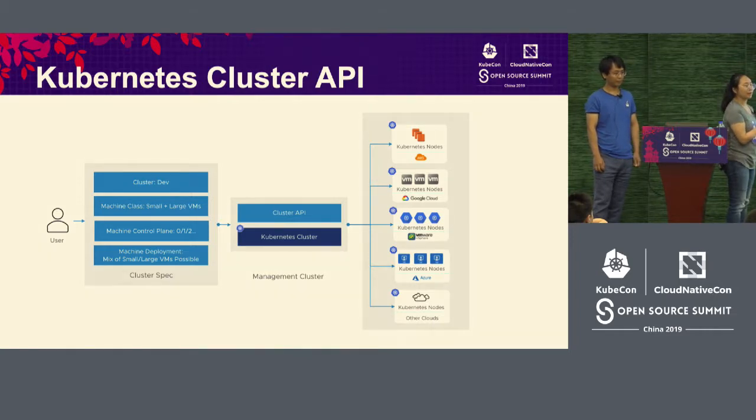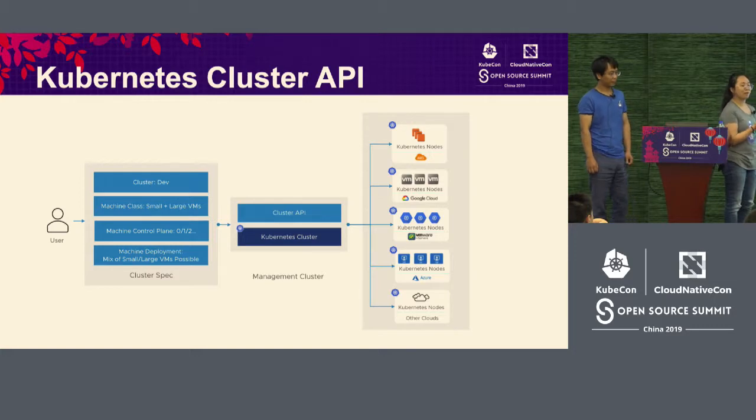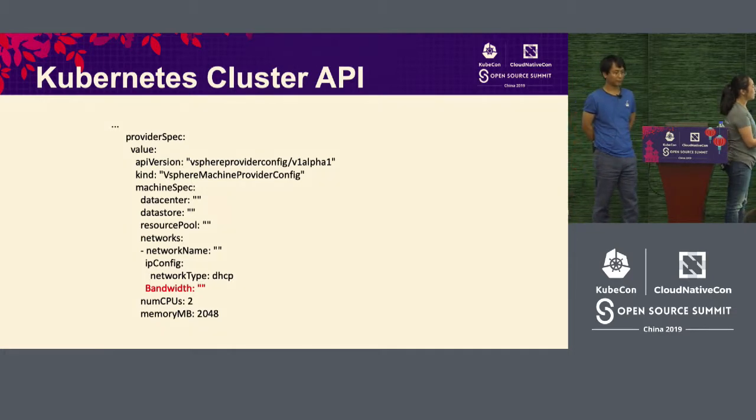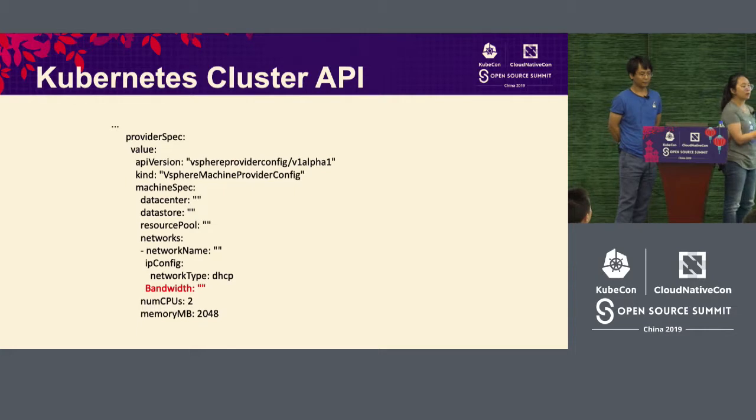So with this kind of mechanism, the Kubernetes cluster, which is running on the VM, can be made into what you have been desiring. And this is also about the bandwidth. This is a screenshot of a part of how to define the workload provider, and there is a property about the bandwidth.